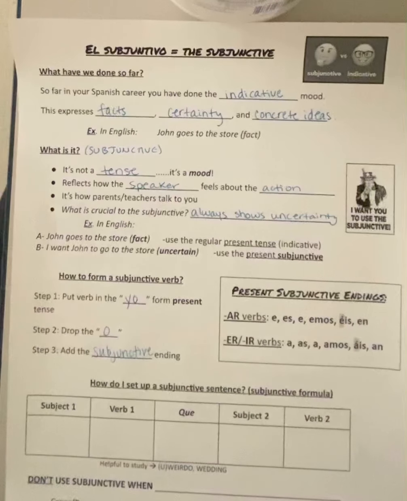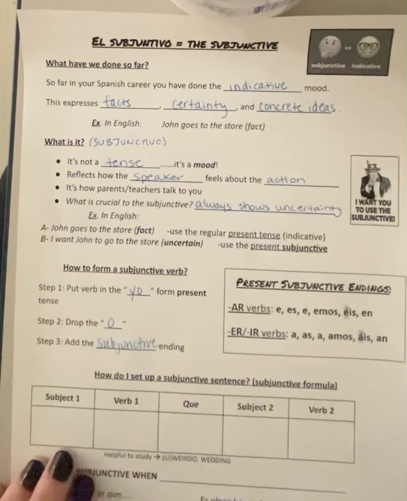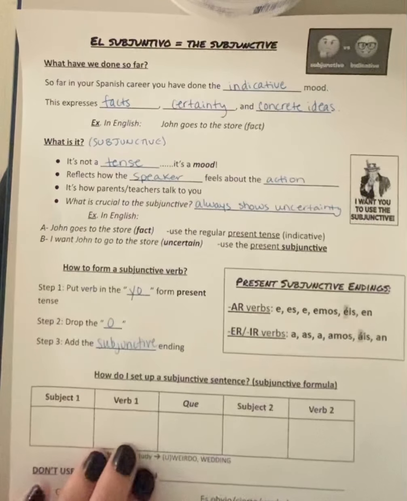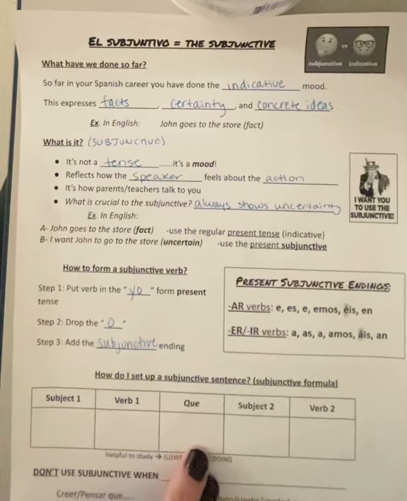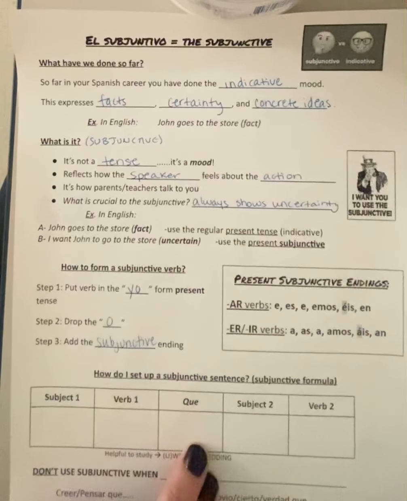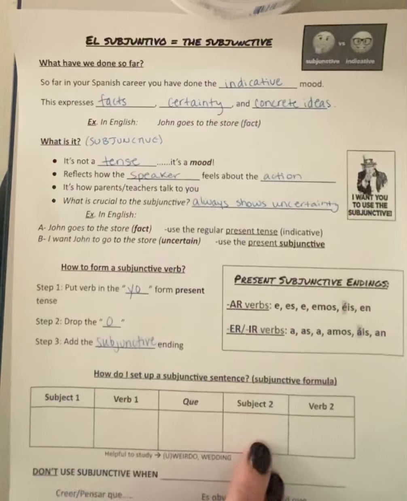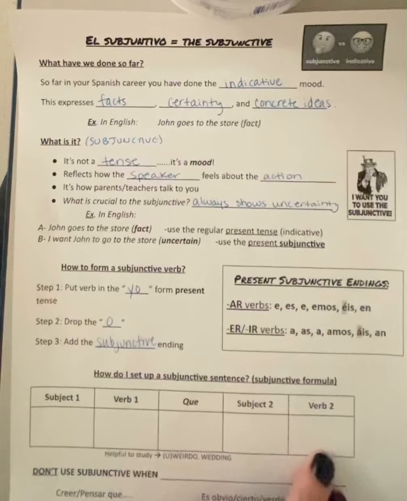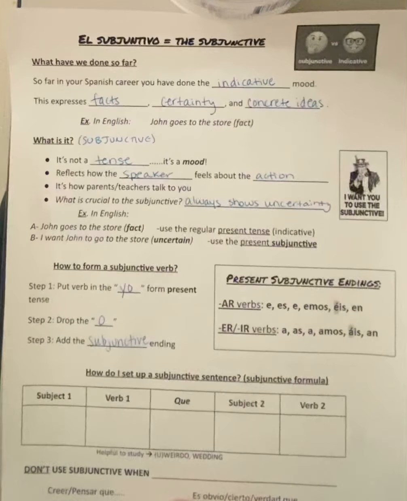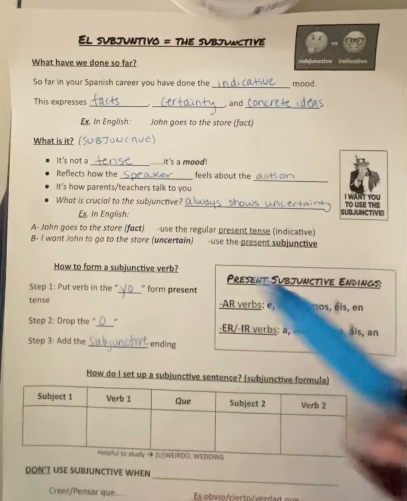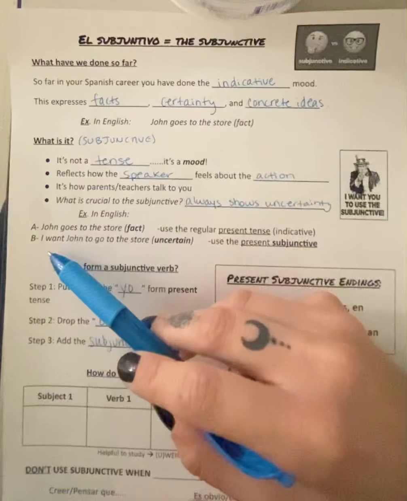Okay, so how do you set up a subjunctive sentence, a subjunctive formula? You have your first subject, your first verb, an important connecting word, which is que, subject two, and verb two. So let's go ahead and jot down a sentence. We're going to use this one up here.